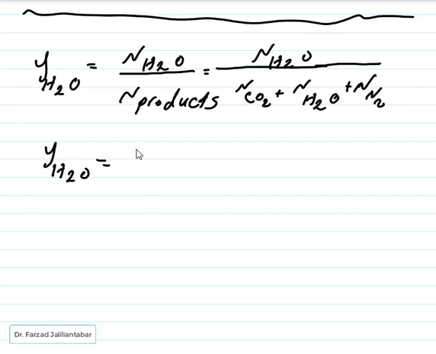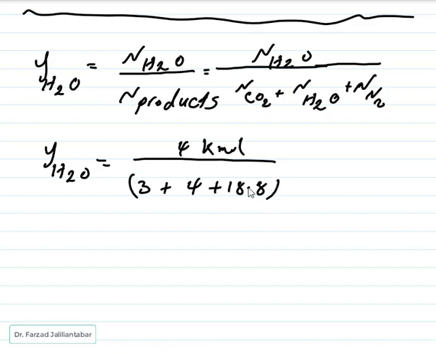According to this balanced equation, we should substitute their molar value to calculate the mole fraction of the water in the products. So we have 4 kilomole of the H2O. What about the CO2? We have 3 kilomole of CO2, 4 kilomole of H2O, and 18.8 kilomole of the nitrogen molecule in the products.